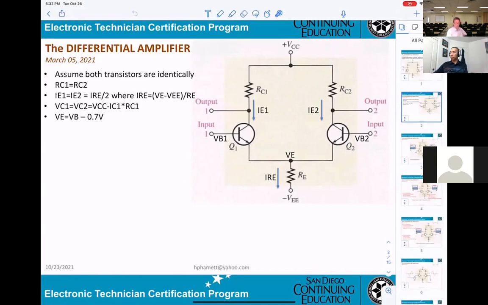Okay, for this circuitry, any question? Yes, teacher. Yeah, go ahead. Could you explain, please, where is the reference in this circuit? The ground. What do you mean, reference?